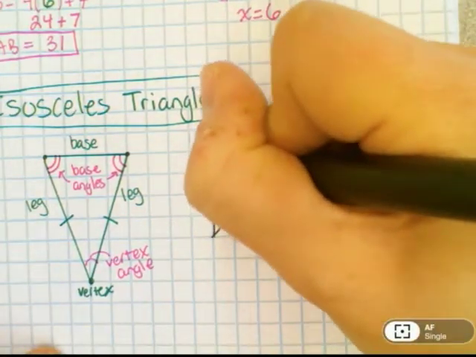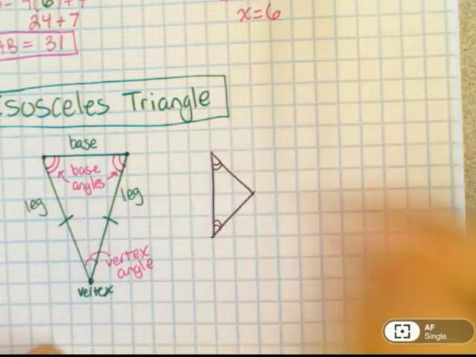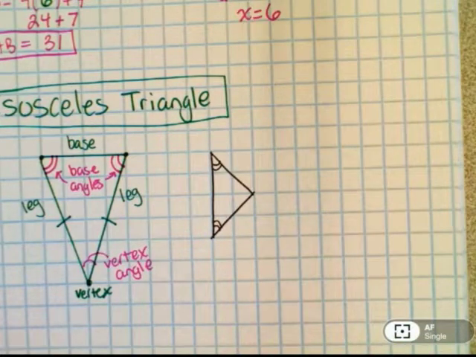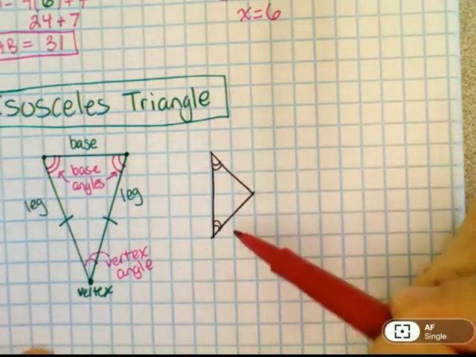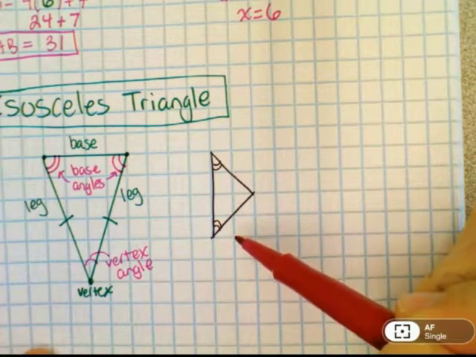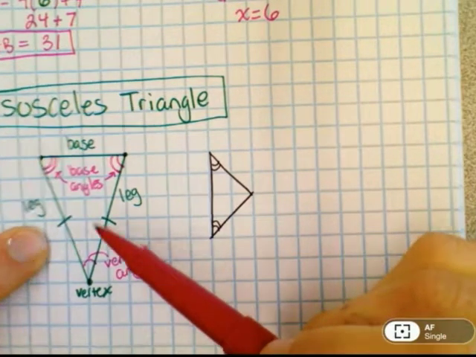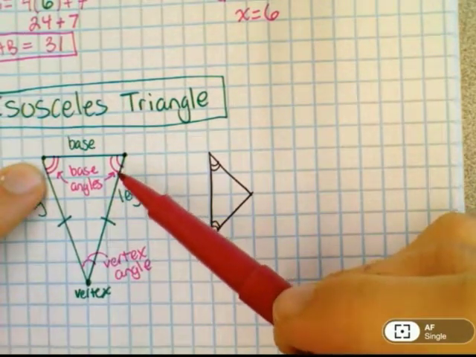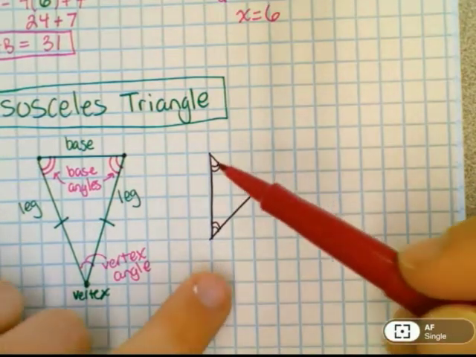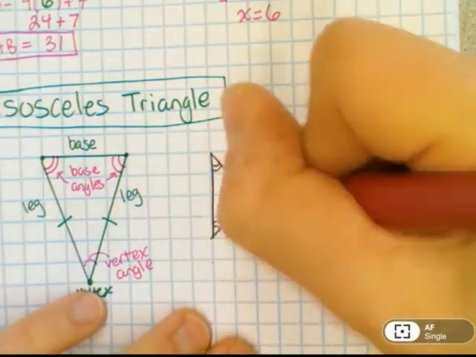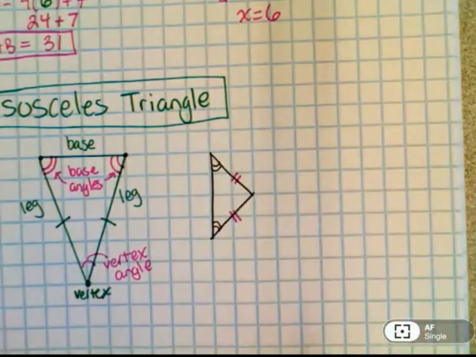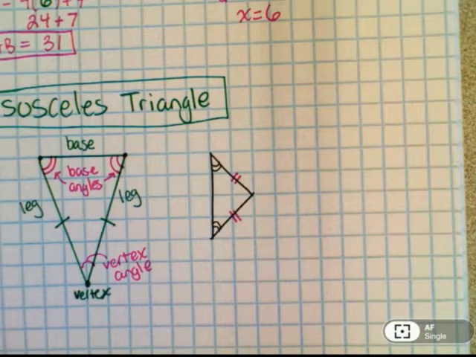If I tell you that those two angles are congruent, then without needing to get out your ruler or anything else, we know automatically that these two sides are also congruent. So if a triangle has two sides that are congruent, it has two angles that are congruent, and the converse is also true. If two angles are congruent, then we automatically know that the two legs are congruent to one another. So that's the important information about an isosceles triangle.